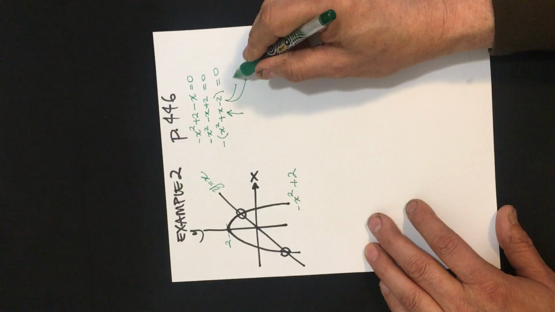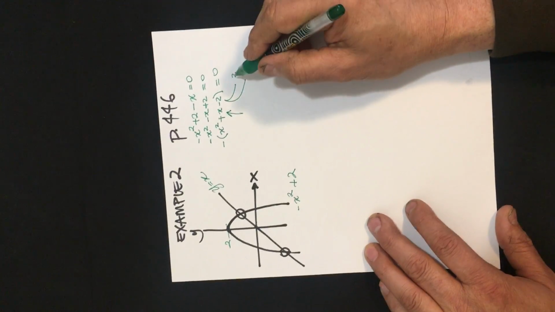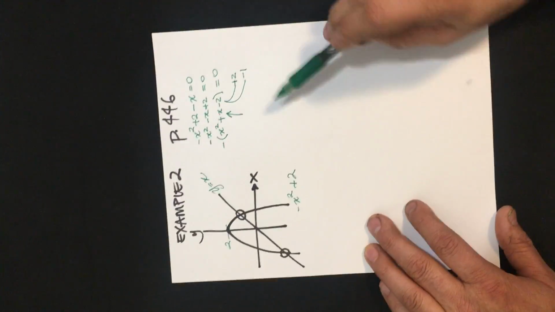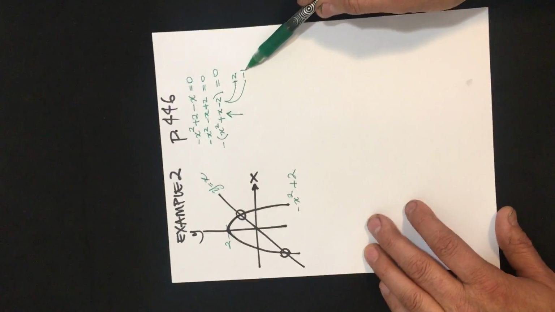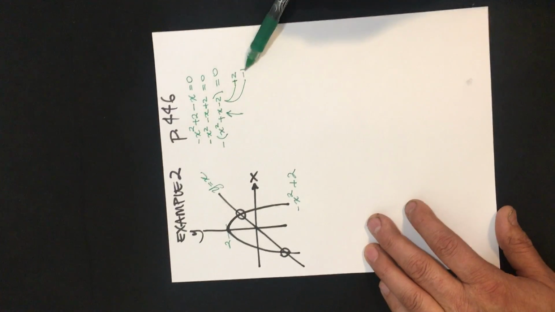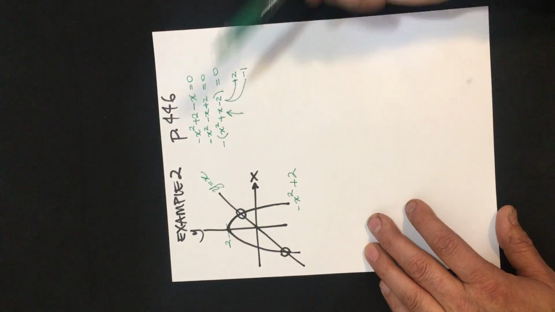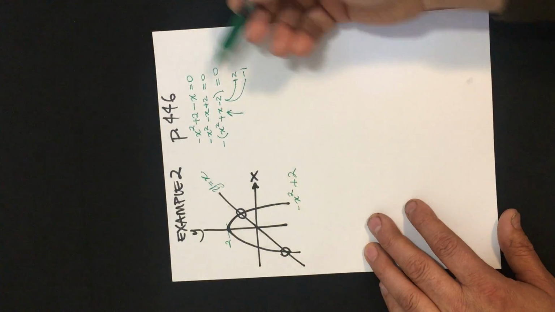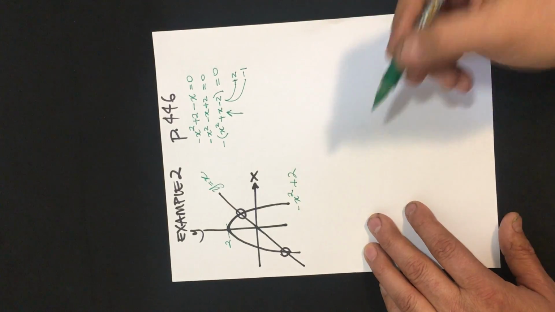Well, this has to be minus 2. This has to be minus 1 and plus 2. Note that: plus 2, minus 1. If I multiply, I get minus 2. If I add, I get plus 1. This is the factoring. You need to know AC factoring, and this is simplified AC factoring.